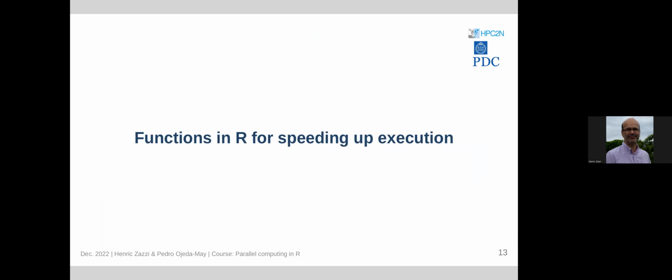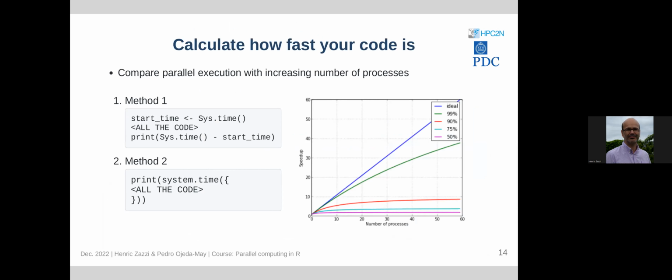Functions in R for speeding up execution. In the introduction to parallelization before, Pedro was talking about scaling. And this is a plot he showed in his presentation about scaling as well, and I'm showing it again. To achieve scaling in R, you have to know how to time your functions. There are several methods of timing functions in R, and here I go through some of them.